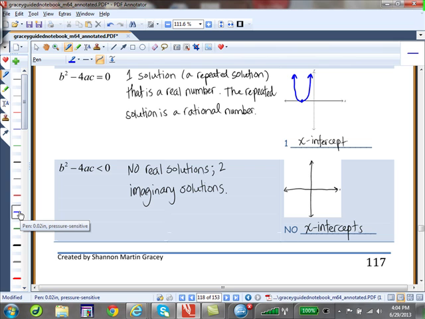So it either floats above or completely below the axis. So I'll just do one that's like this. So it never crosses the x-axis.